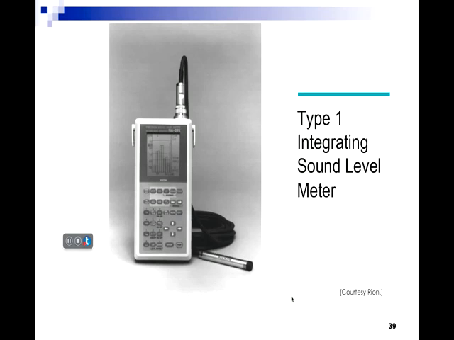And so an integrating sound level meter will give you the sound pressure level at specified frequencies. And this could be extremely useful in selecting the proper personal protective equipment for protecting against that sound pressure level at those specific frequencies. And we'll talk in just a minute about controls, but all the different earplugs that you buy and all the different earmuffs that you buy are going to be rated on sound attenuation at specified frequencies.